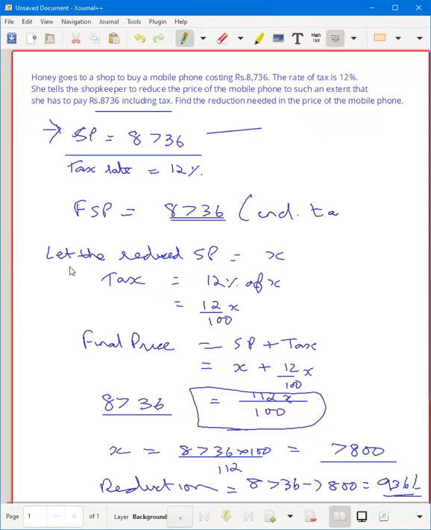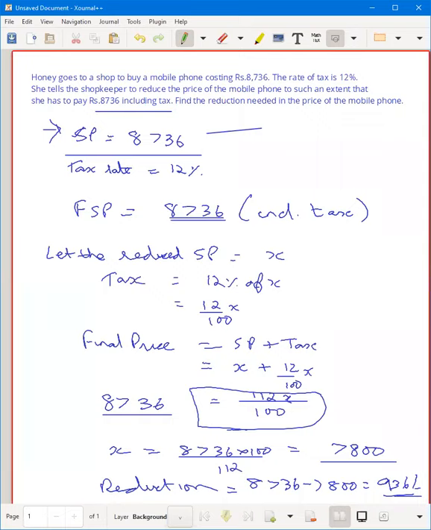So let the reduced selling price be X. Then tax is equal to 12% of X, so it will be 12X upon 100.